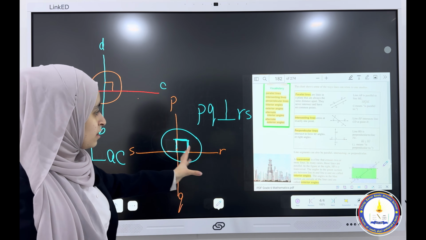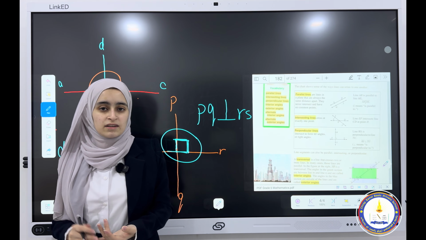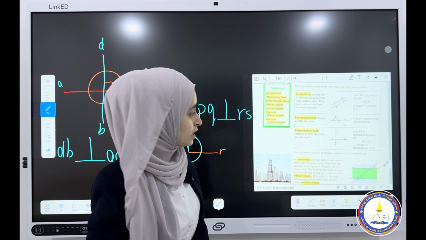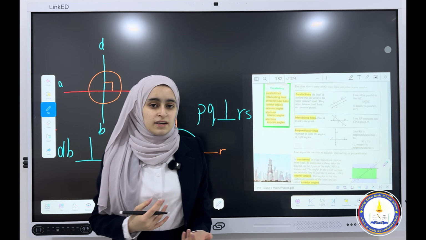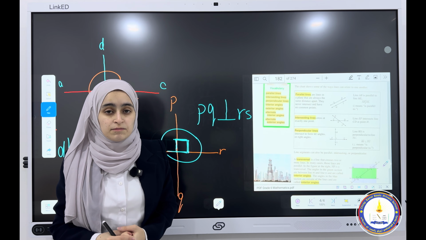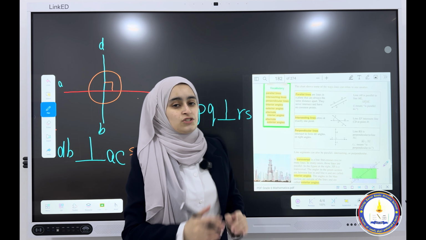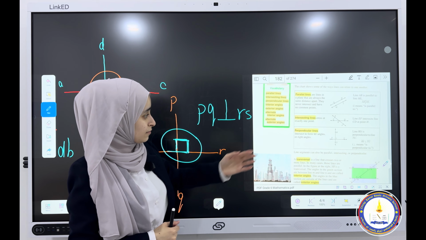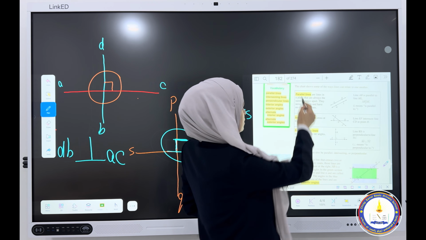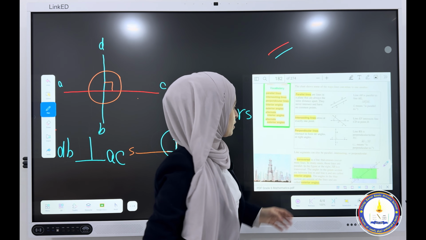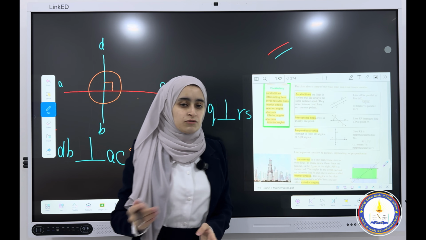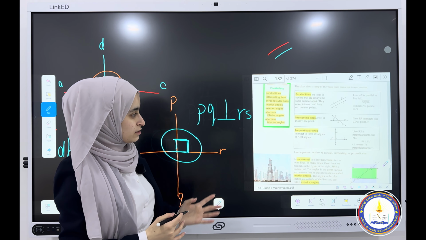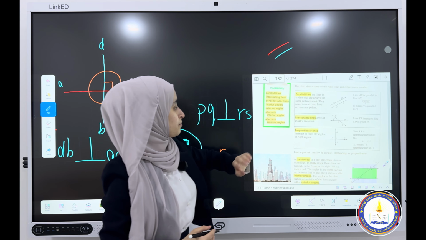So these are the three types of lines: parallel lines, intersecting lines, and perpendicular lines. Parallel lines have the same distance, but they cannot meet each other. They will not intersect each other at a point. And their symbol is this way. For intersecting lines, by the way, we don't have a symbol to represent them like perpendicular or parallel.